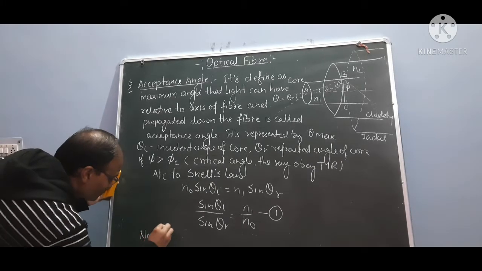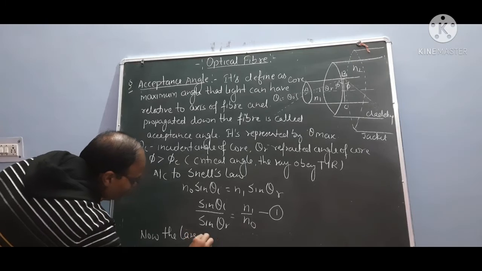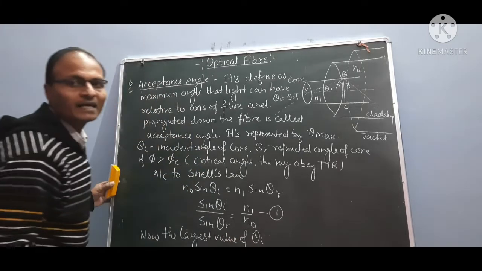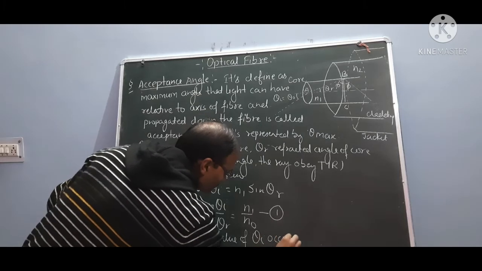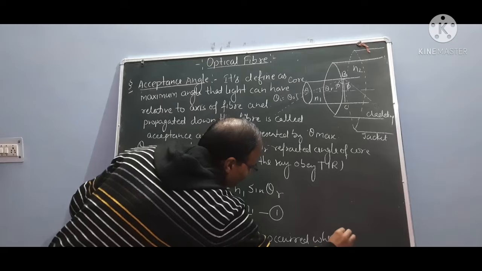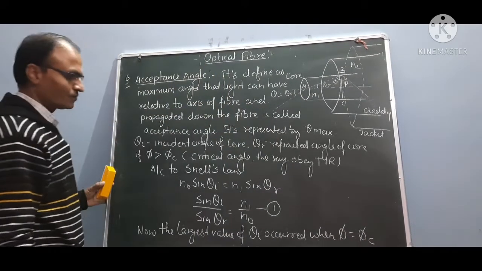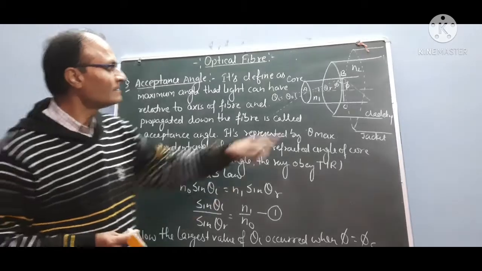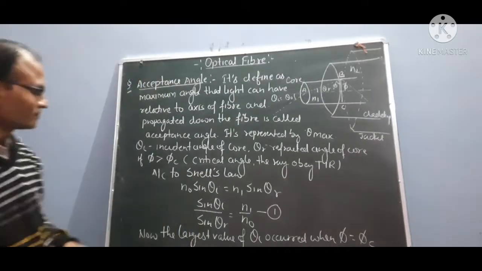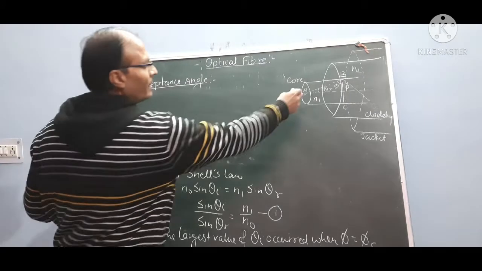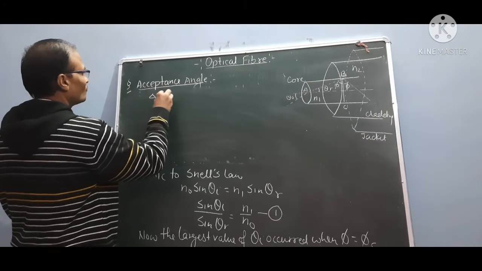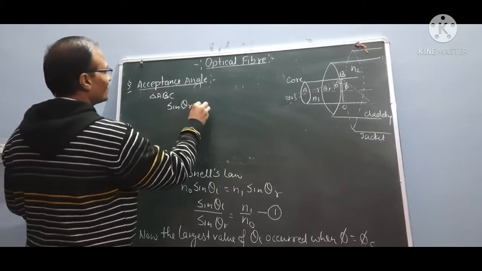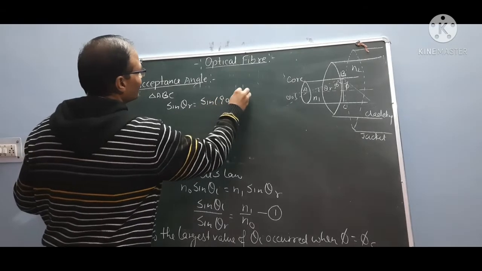So in triangle ABC, sin theta R equals sin of 90 minus phi.